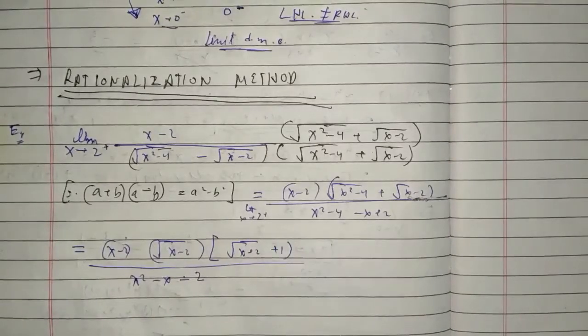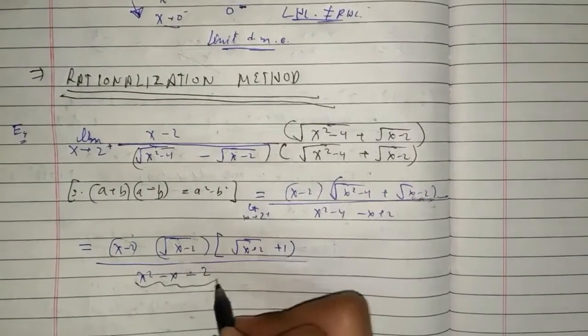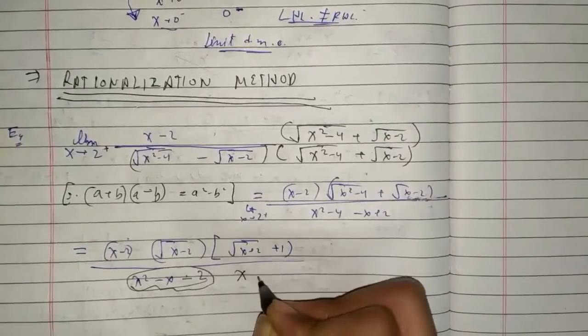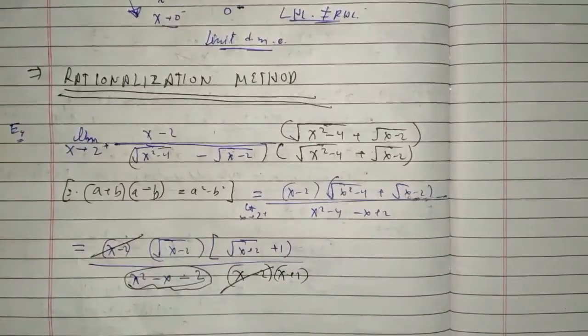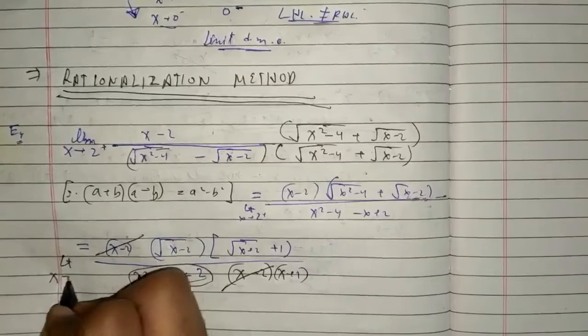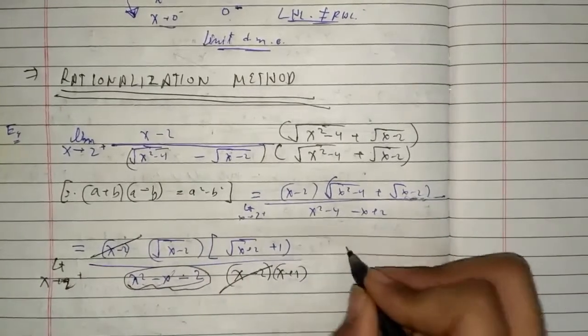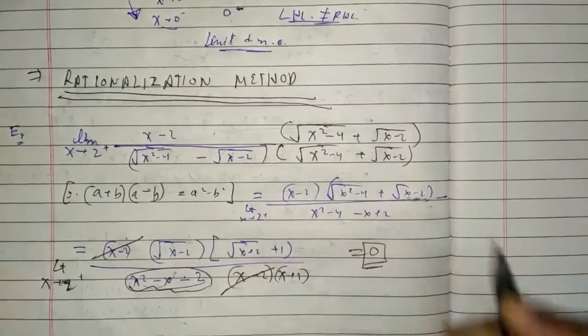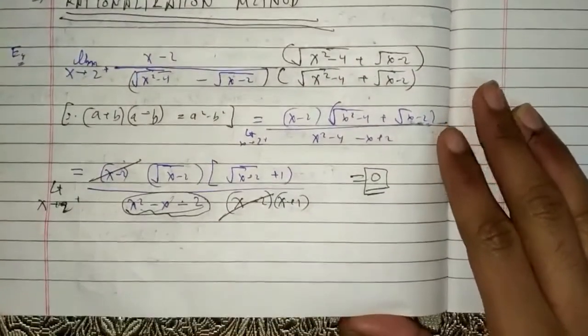Okay, so we can substitute this as (x minus 2) times (x plus 1), and this cancels out. And now putting in the limit x tends to 2 plus, this comes out to be 0, and that is the answer. Okay.